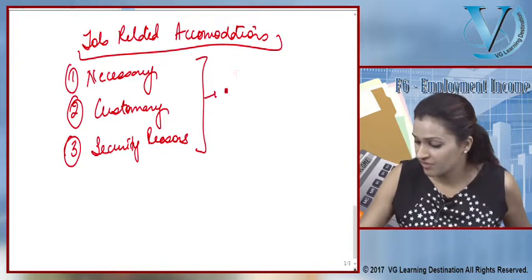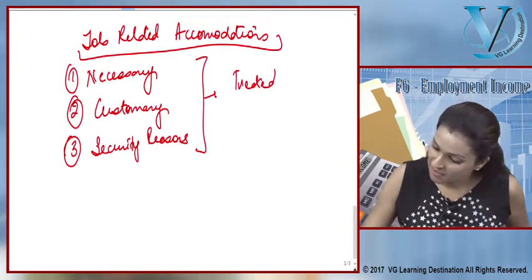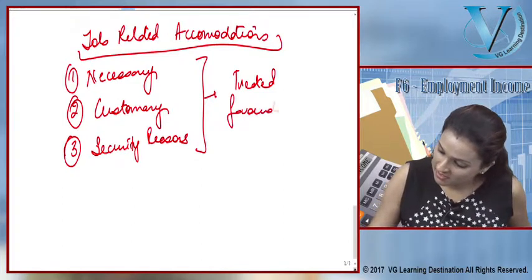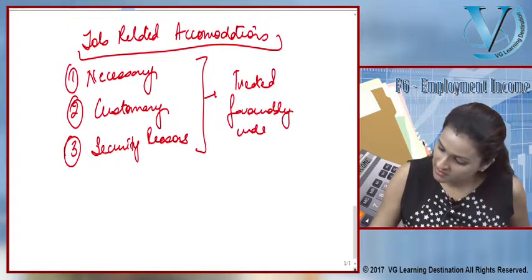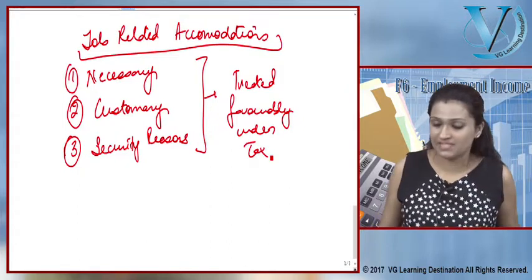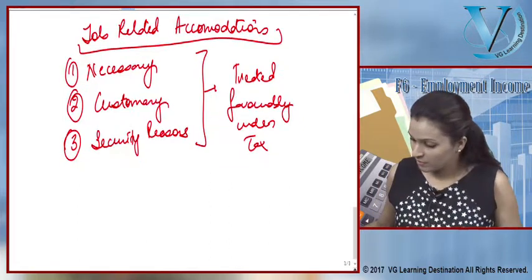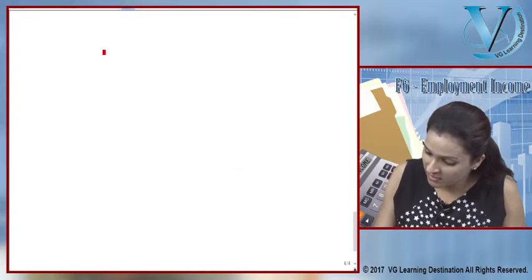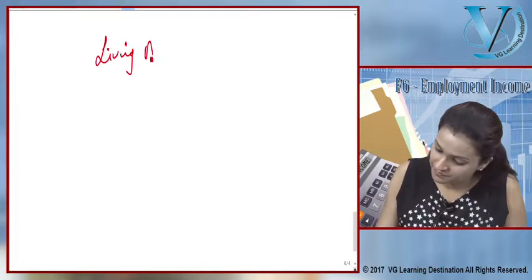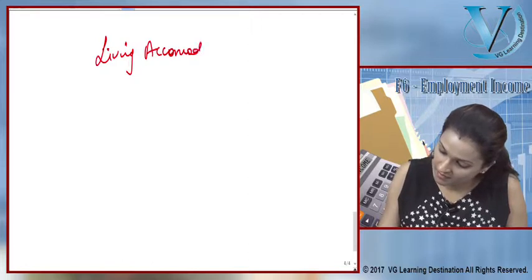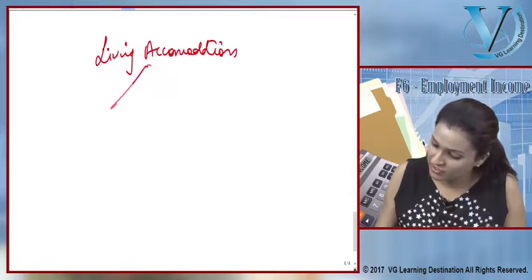It is treated favorably under tax, which basically means, remember the three components of your living accommodation. Let me quickly run it again. Your living accommodation had three components, right?